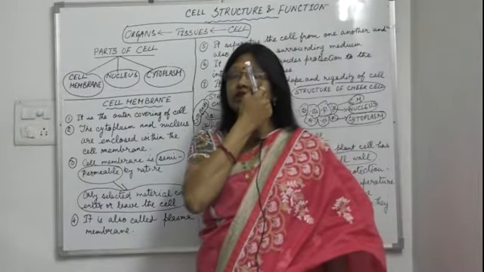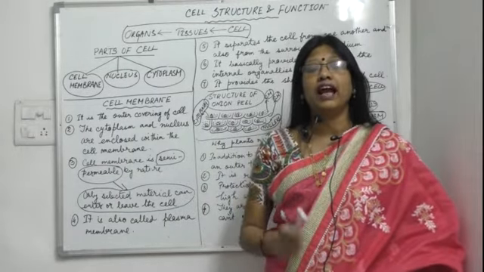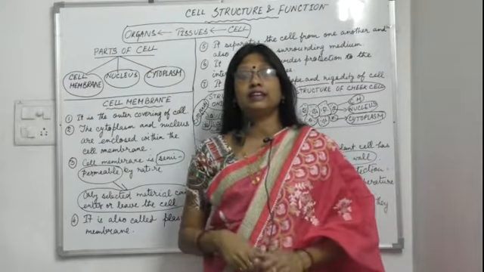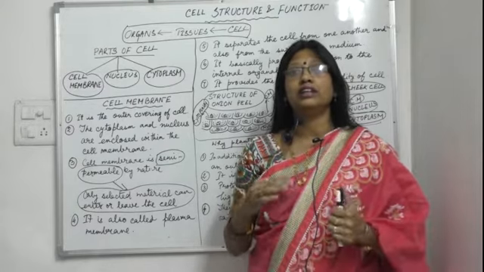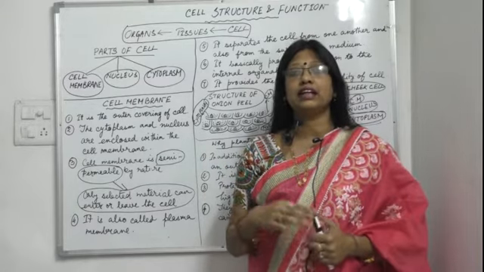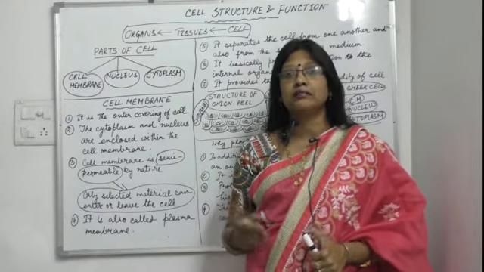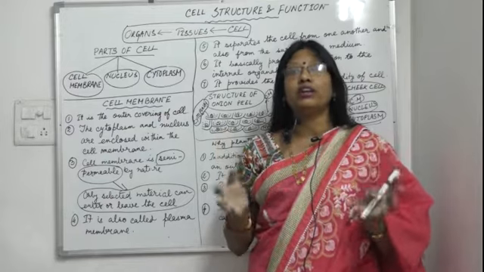It is a very important topic of your class 8th book, cell structure and function. First I should start like this: you all know that in our body there are so many systems like digestive system, respiratory system, reproductive system, and these systems are made up of some organs.